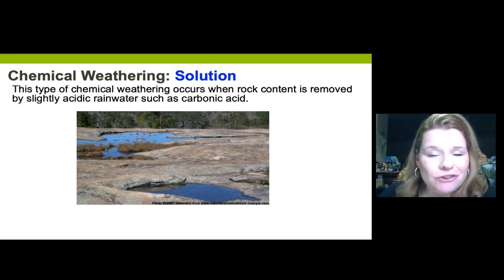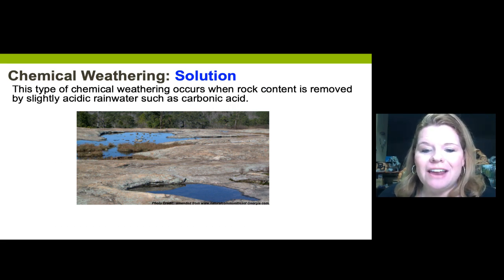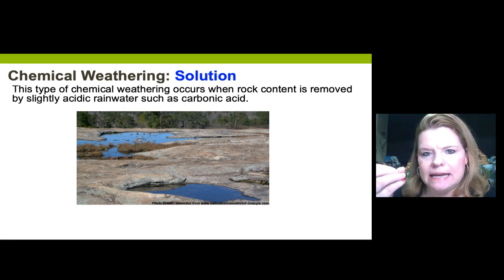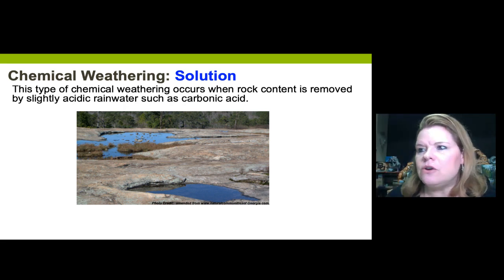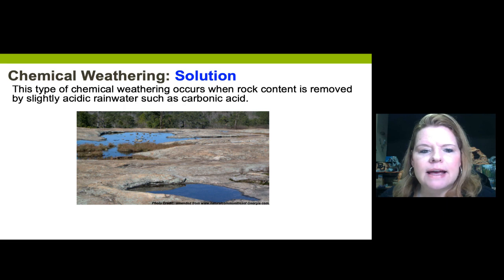Solution is another type of chemical weathering, and this is very similar to what we saw with the honeycomb weathering, but what happens is the water is slightly acidic. So you get rainwater that comes through the atmosphere and it picks up a little carbon dioxide, and it can transition into something called carbonic acid, which is a weak acid, very similar to what I was squeezing on the mineral calcite when I was showing you that in the mineral lecture.